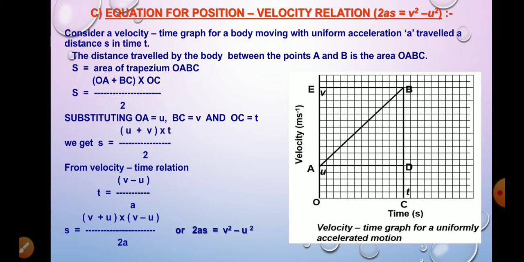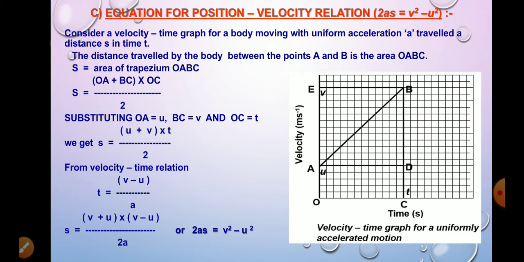So here you can see V plus U into V minus U, where it is the algebraic formula, A plus B into A minus B, the answer is A square minus B square. So here V plus U into V minus U is equal to V square minus U square. This 2A is taken to the left hand side.